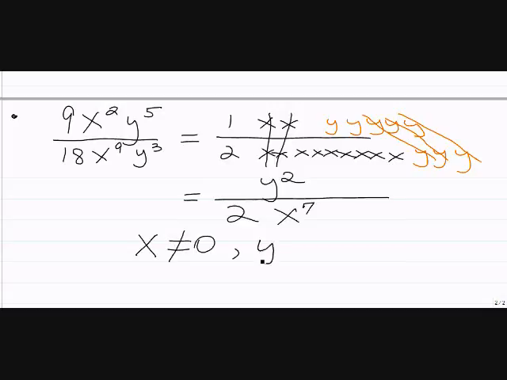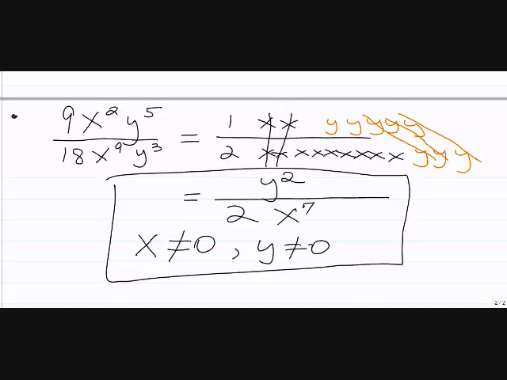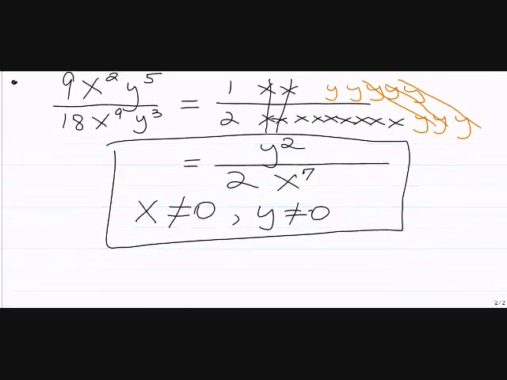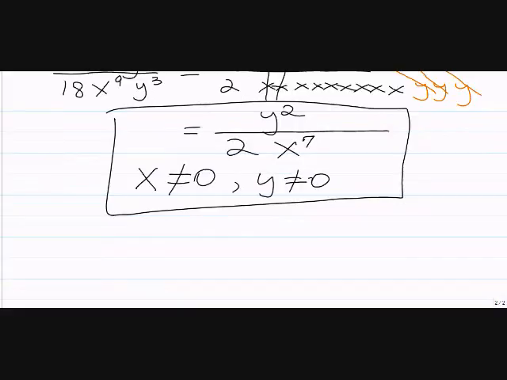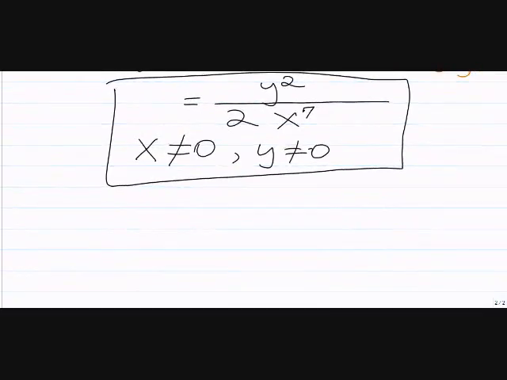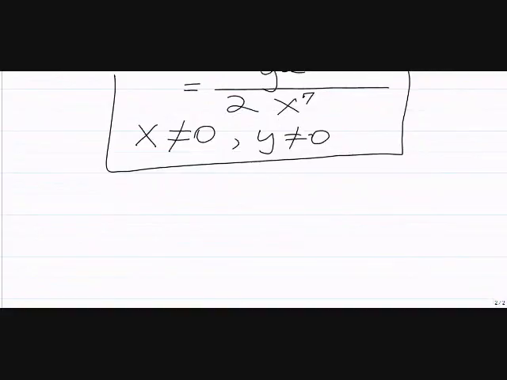Y can't be 0. 18 isn't 0, so we're okay. All right, so there's my whole answer. Maybe I won't do the next one, I'll just do the multiply.